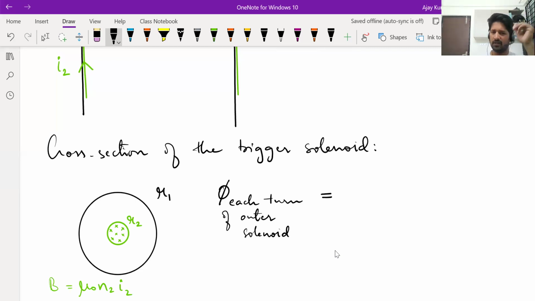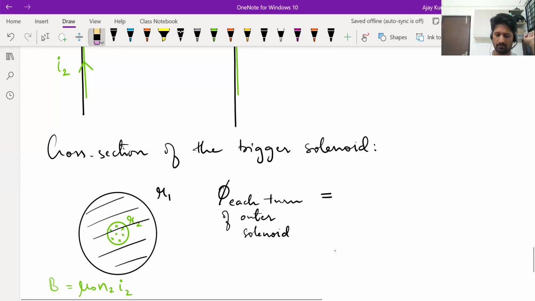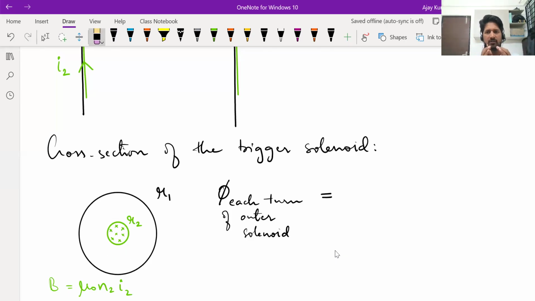Now flux is magnetic field into area, that's fine. But tell me, does the entire outer solenoid's cross section have the same magnetic field? No, sir. In some part of the cross section there is magnetic field; in the other part the magnetic field is 0.